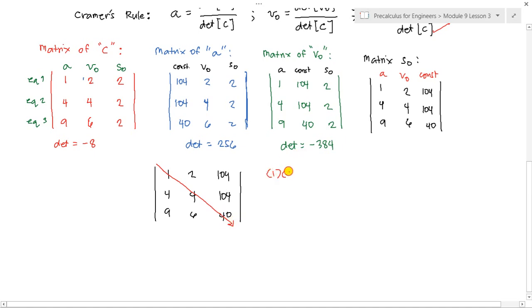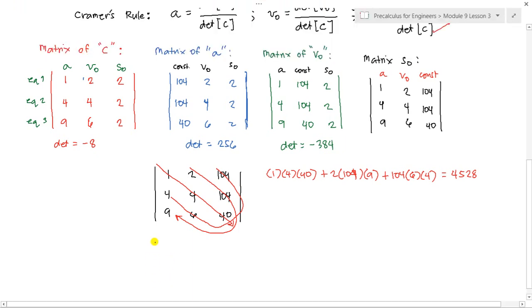So we have here 1 times 4 times 40 plus 2 times 104 times 9, plus 104 times 6 times 4. So pila man ni? 4,528.